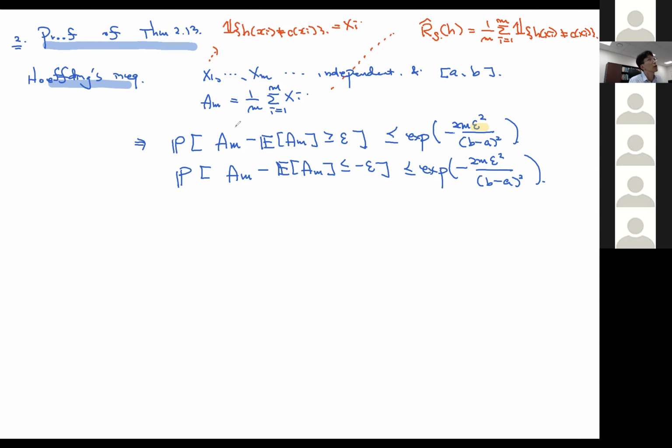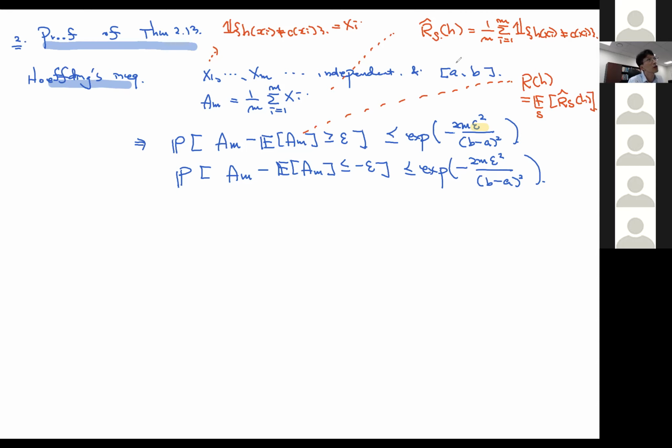And if you take the expectation of the average, in our case it corresponds to the risk, because that's equal to the expectation of the risk R of h.